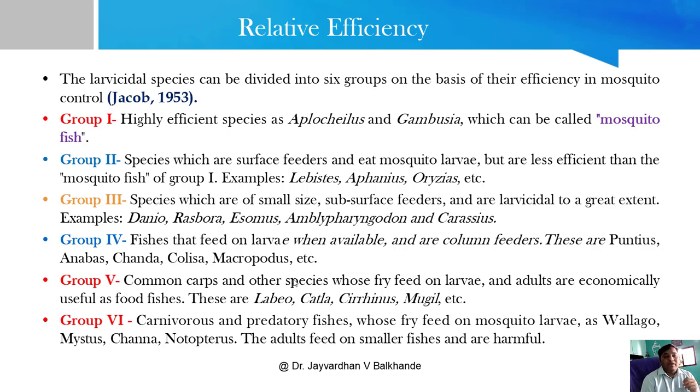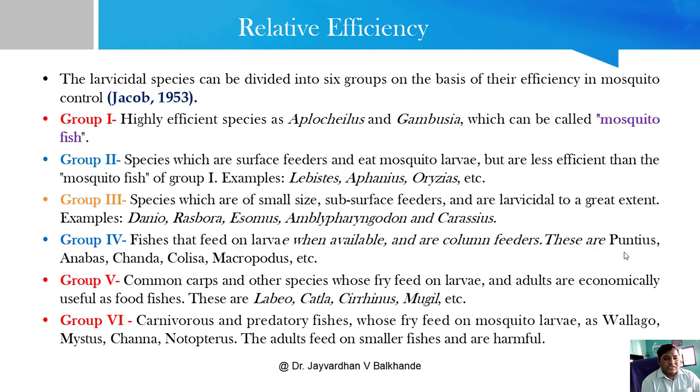Group 5 is the common carps and other species whose fry feed on larvae. We know these adult fishes are economically useful food fishes, but when they are fry, at that time they prefer some mosquito larvae in their diet.